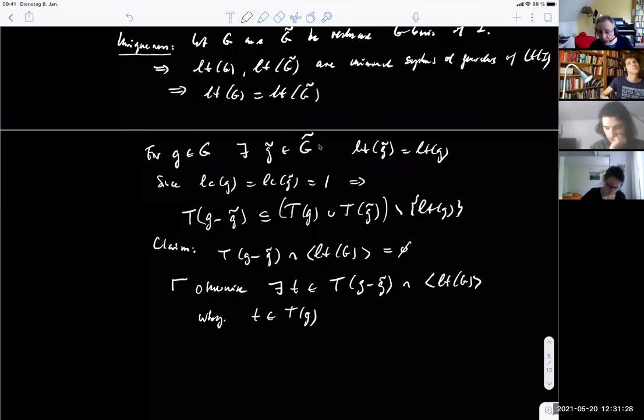T in g or g twiddle, it doesn't matter because these two are equal.